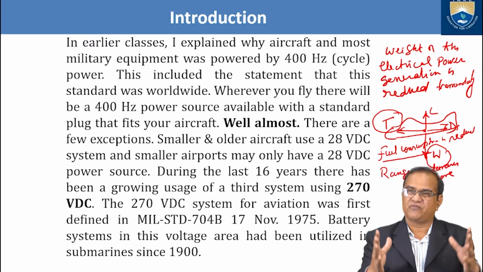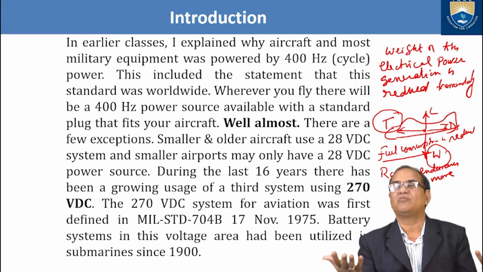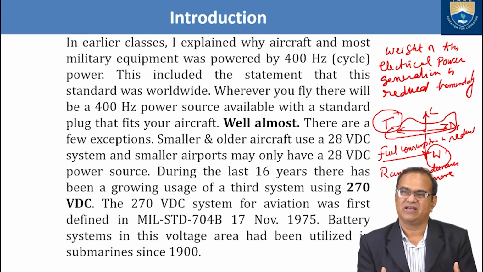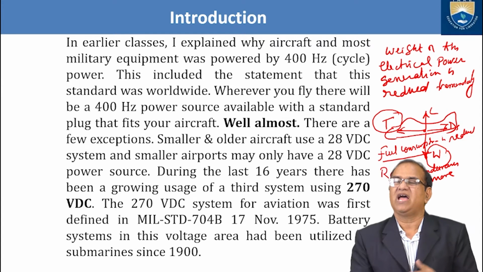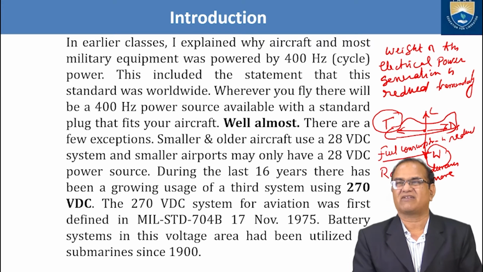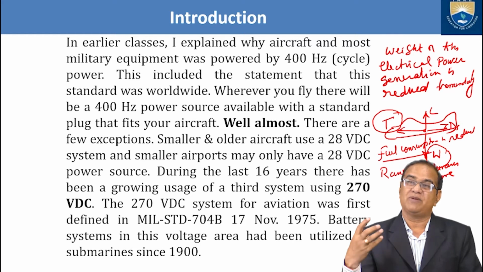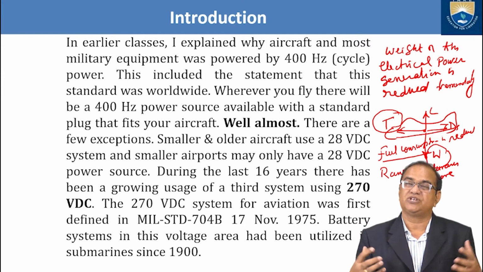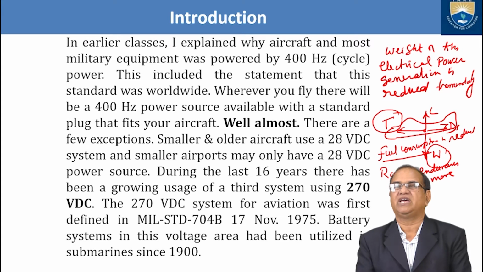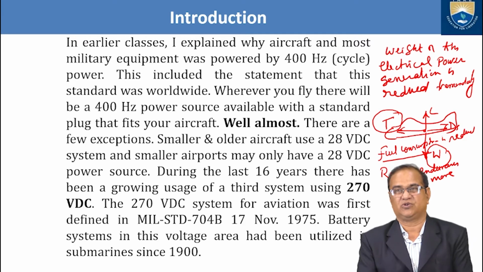It is like the mileage of your bike or your car. The fuel consumption of your aircraft is a very important parameter, and especially for passenger aircraft, if we are able to reduce the weight, that much fuel is saved and the cost of operation of the aircraft is tremendously reduced.